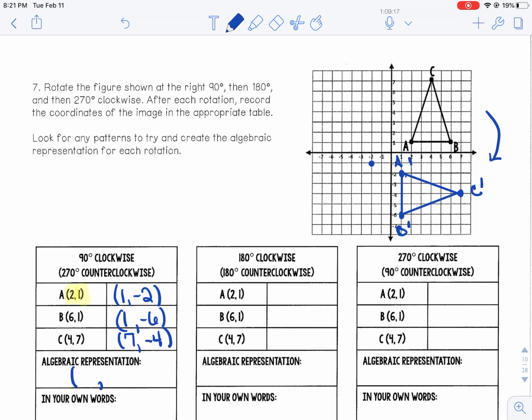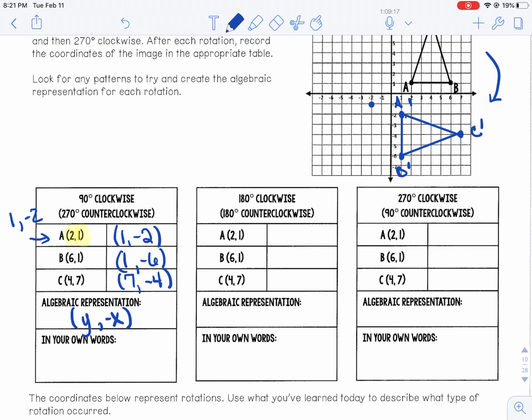What was Y is now in the X position. Okay, and X, or what is Y now, is the opposite of X. So what I did is I took A, basically I flip-flopped them. The 1 is now in the X position, the 2 is in the Y position, but it has to be its opposite. Okay, so that's just a little helpful thing that if you like to memorize things, you can.